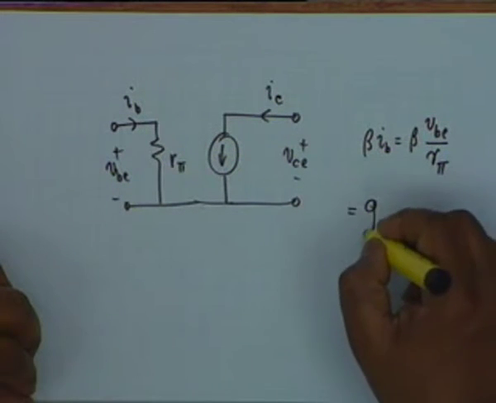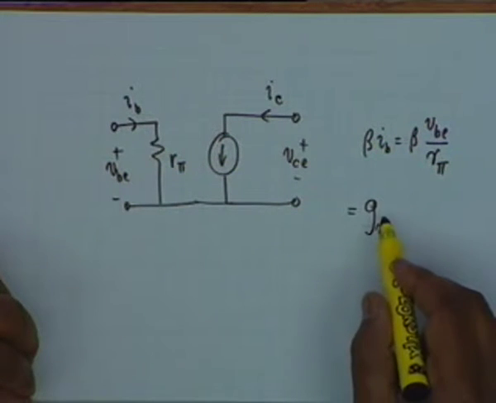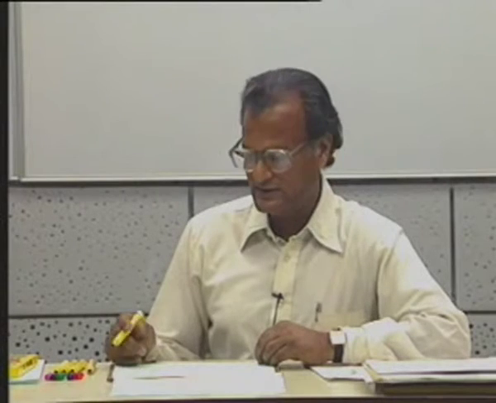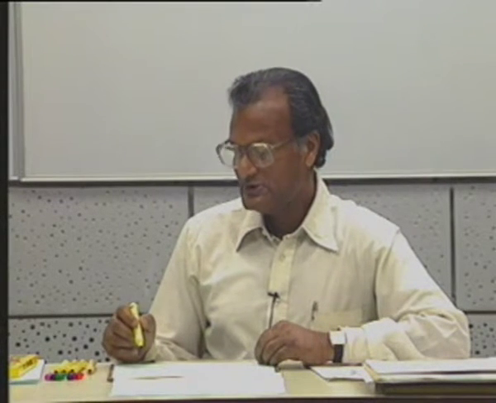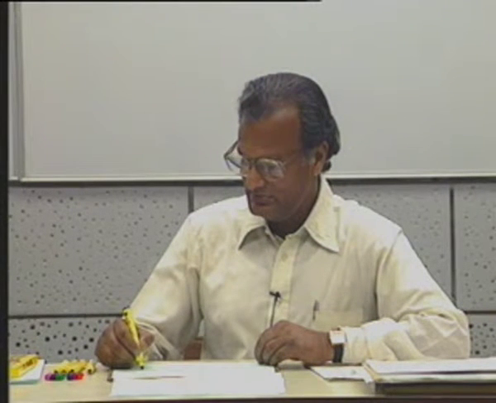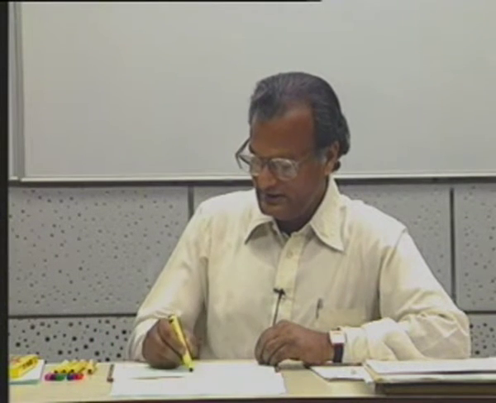Conductance, and therefore I represent it by GM. GM stands for transconductance or transfer conductance. It is transfer because, well, I represent this as GM VBE. Okay, this is a current generator which can be represented by GM VBE.